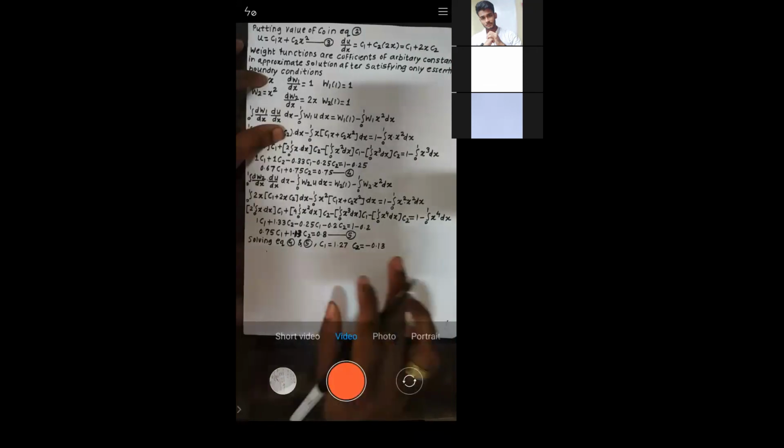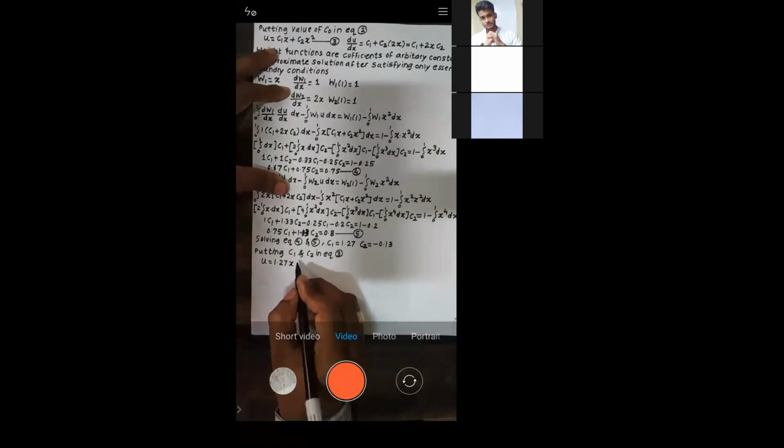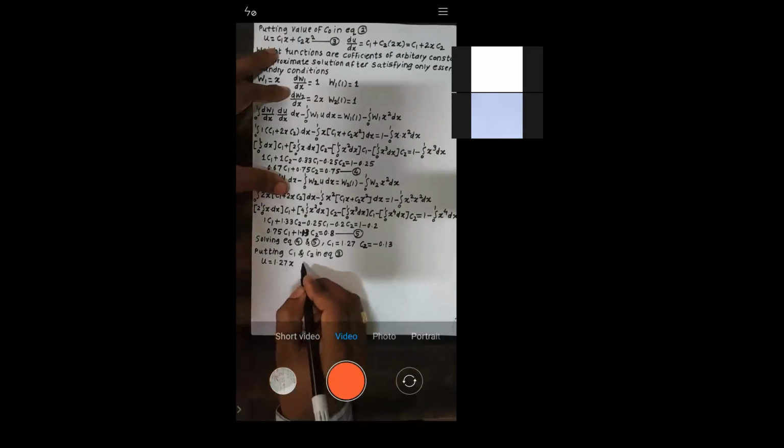Now why did I calculate C1 and C2? Because I need to put this in equation number 3, right? So putting C1 and C2 in equation 3, U is equal to what? C1 is 1.27x plus C2x square, and C2 is this, so minus 0.13 x square.